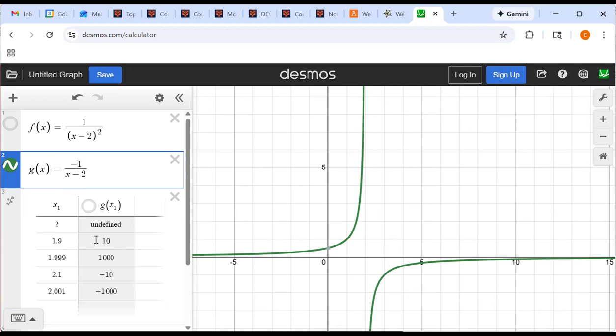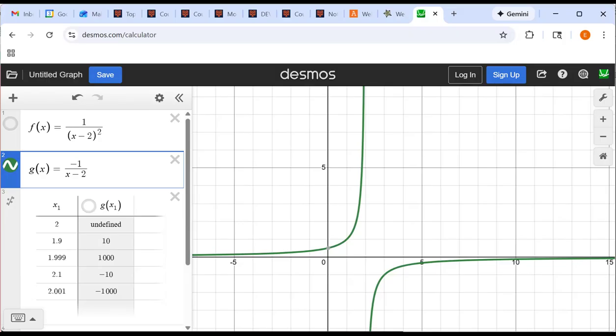So now that's going to flip to a positive infinity. And then on the right side, the 2.1 is going to be positive, but the negative number on top will make the final result negative. So the left side on this graph goes up to positive infinity, but the right side goes down to negative infinity.